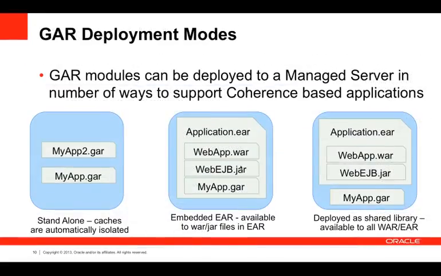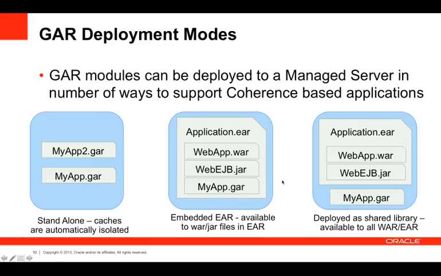GAR deployment can be done in many different ways. The .GAR files can be deployed to managed coherence servers that are meant to host or cache the data objects. So it's a standalone GAR deployment.